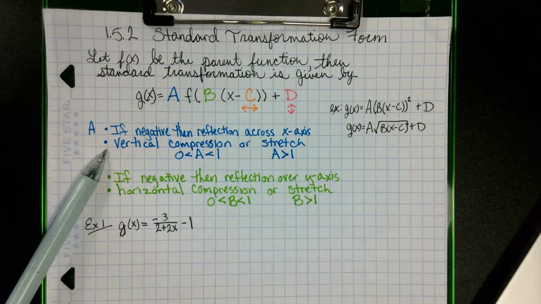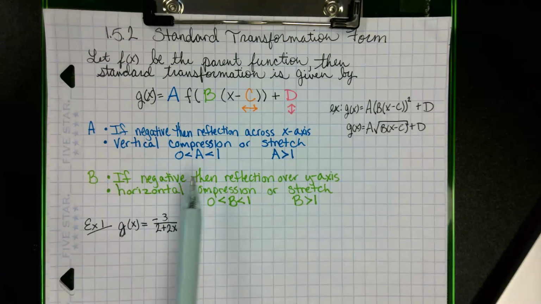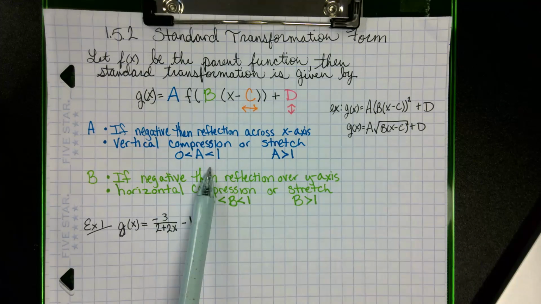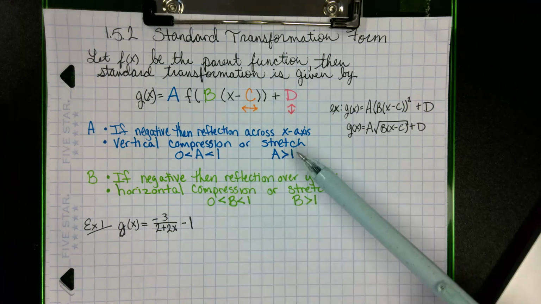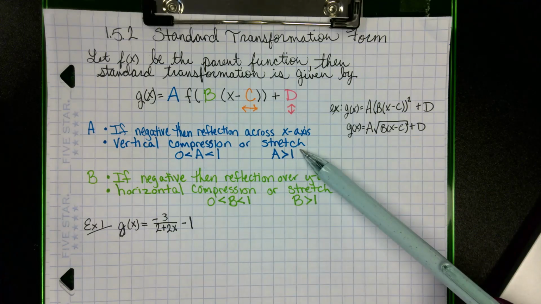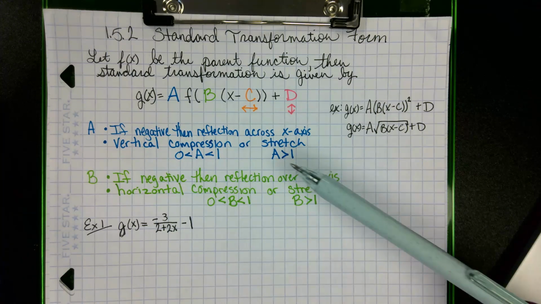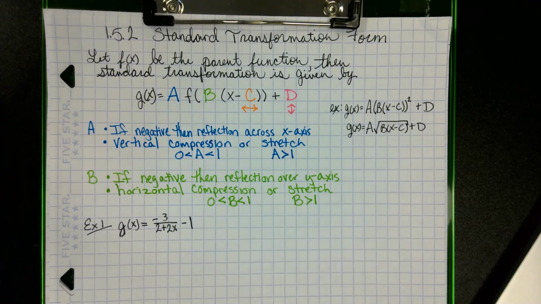And then you look at the value of a, and if a is between 0 and 1, then you have a vertical compression. Or if a is greater than 1, then you have a vertical stretch, which I guess I should have written the absolute value of a, because we're looking at the negative and then the numerical amount separate for the a. That's what the two bullet points are.